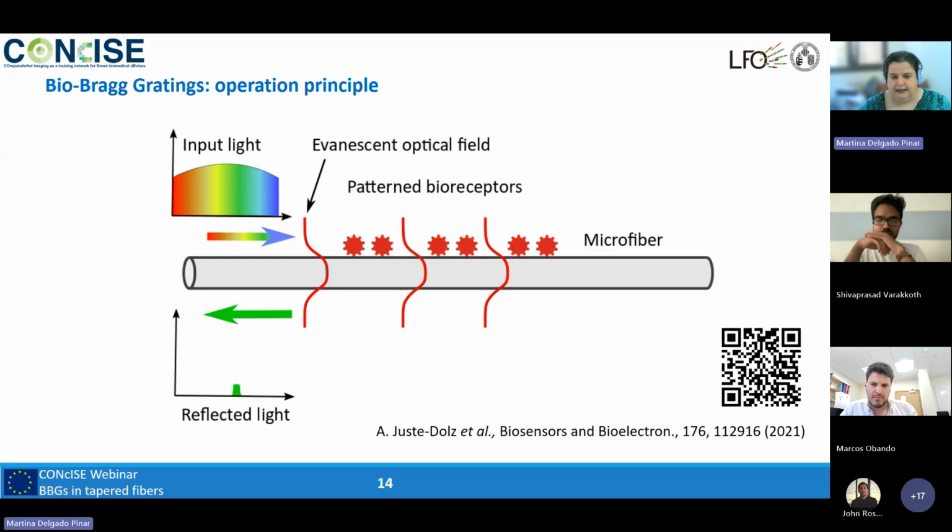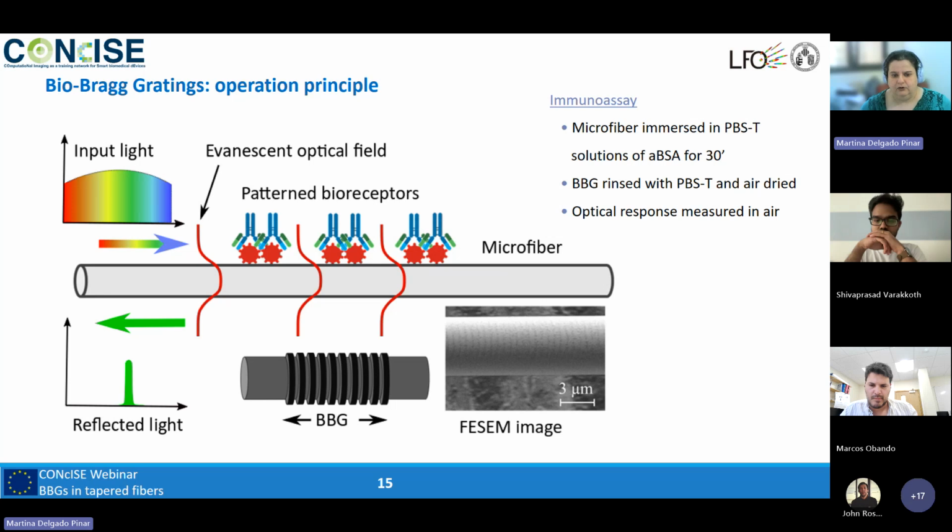Later, when these BSA molecules bind the antigen, the anti-BSA, the strips will be higher, and then the reflection of the light will increase. Here you can see in this SEM image the actual strips of biomolecules along a taper of 3 microns.